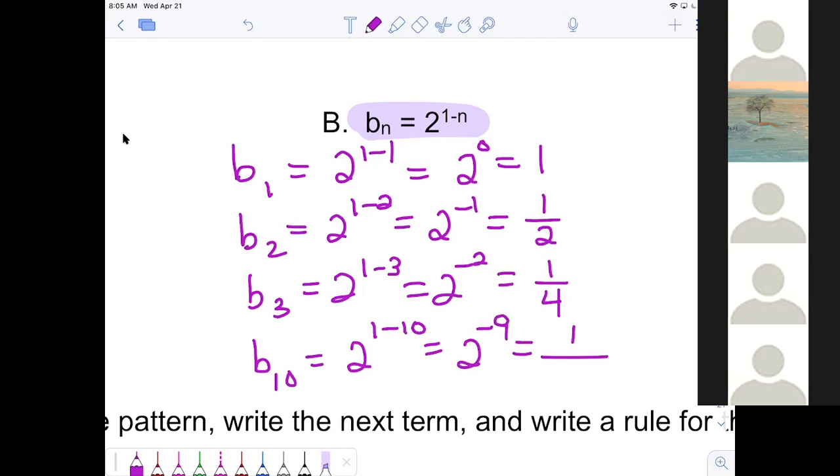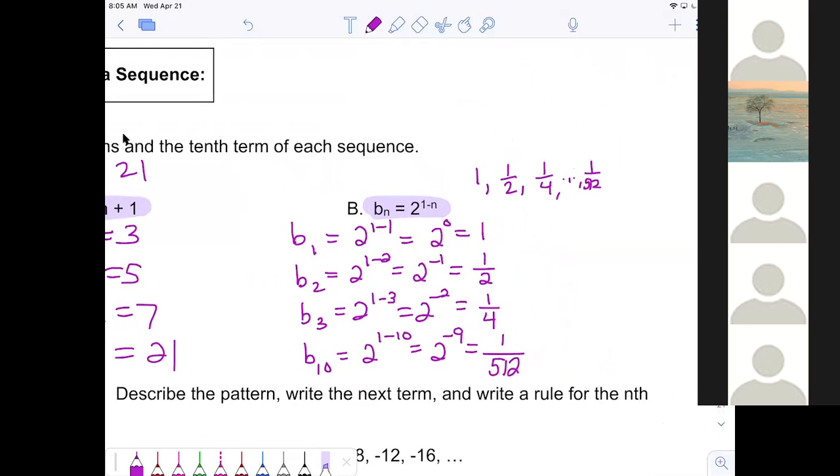Somebody have a calculator? 2 to the 9th? 512. Thank you, 512. So you can see that this pattern, and then we go to 512.